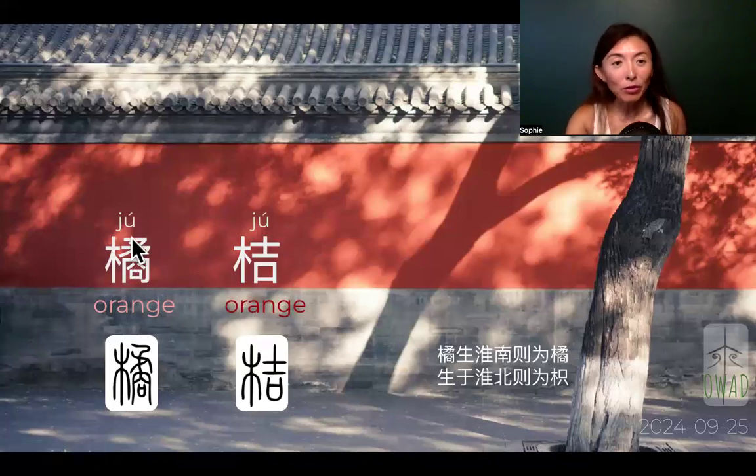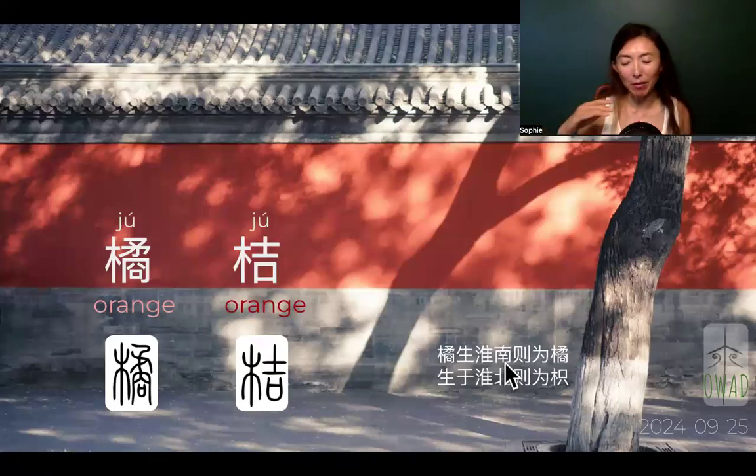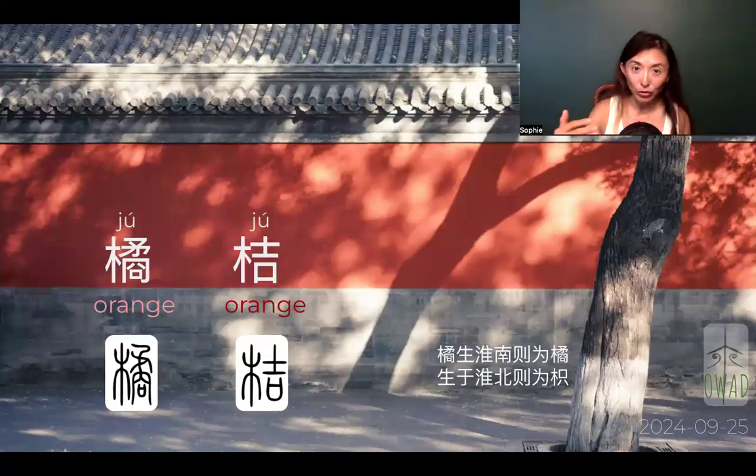The most famous expression is 橘生淮南则为橘. This orange, if it's born in Huainan, at the Huaihe, a river kind of in the middle of China, on the south of that river, then it is orange.